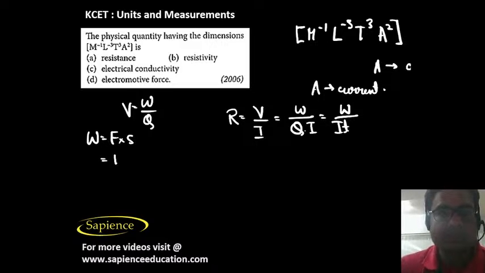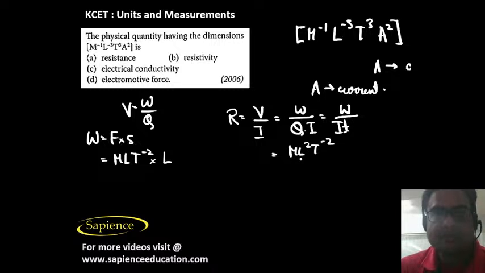Force is m into L into T power minus 2, since force is mass into acceleration, and S is the displacement, so it is L. Therefore W by Q will be W, which is ML square T power minus 2, divided by Q, which equals I into T, so that will be I square into T.